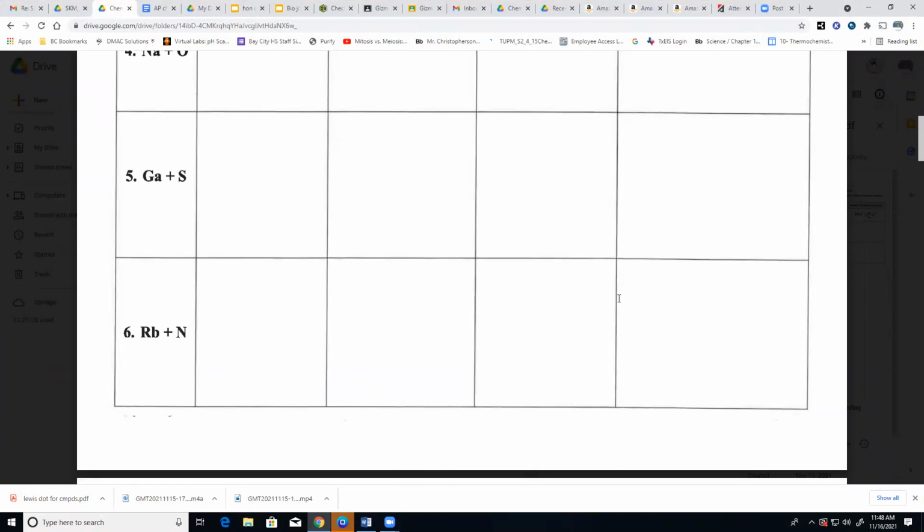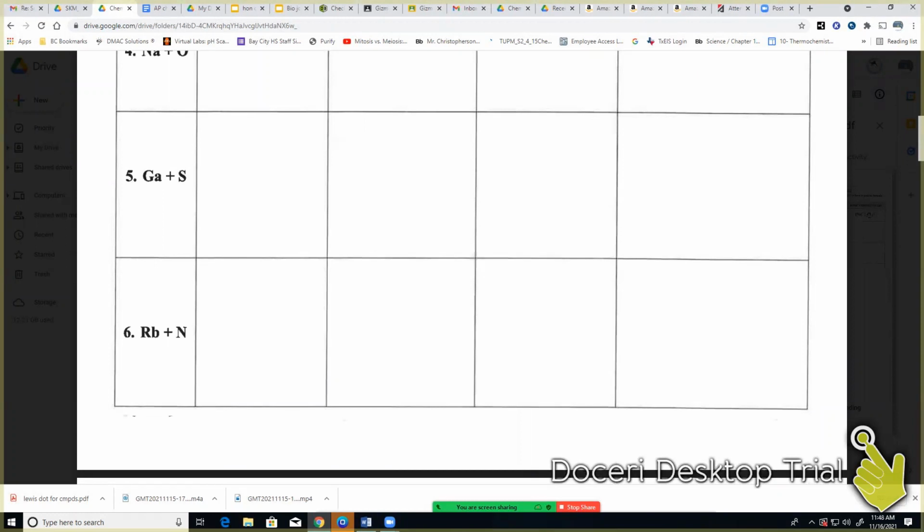All right, gallium, Ga, is in group 13. So how many valence electrons? 3. All right, let me see if I can actually write the right elements this time. So what kind of ion does it become? +3, right? And sulfur is in group 16.